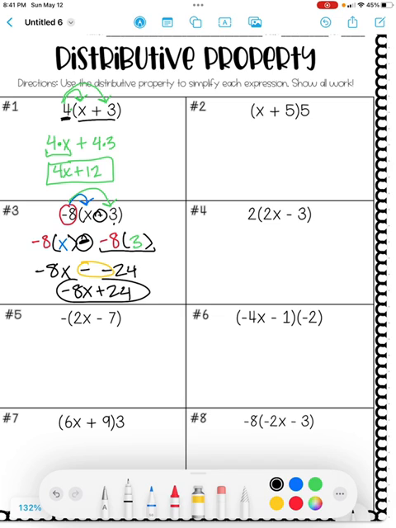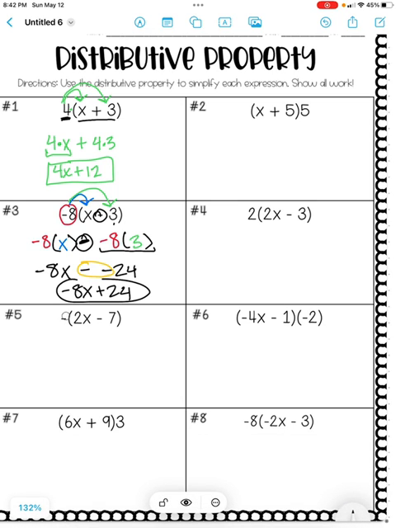Okay, next we'll look at number 3. I meant number 5 because I'm going down the page instead of sideways. So looking at number 5, I don't see a number in front of the parentheses. I don't have any numbers outside, but I do have a negative sign. This is saying I have the negative of the expression 2x minus 7.